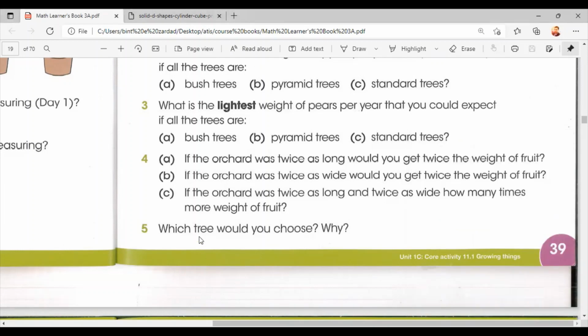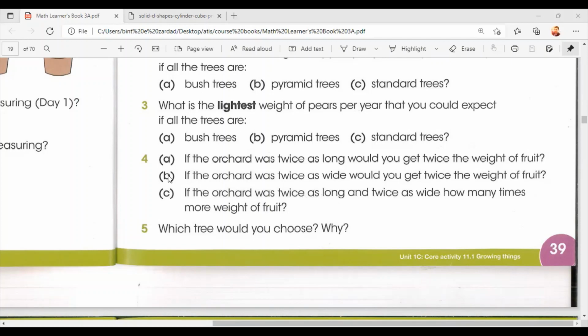If the orchard was twice as long and twice as wide, how many times more weight of fruit? So obviously, if twice long and twice width, so 2 plus 2, so 4 times. So how many times more weight of fruit? 4 times. So it's not double, it's double plus double, 2 plus 2, 4 times.